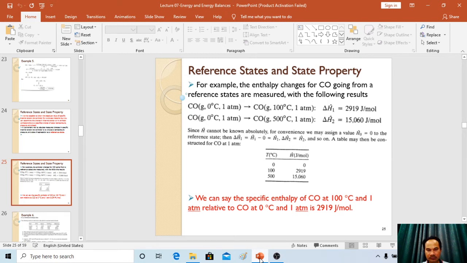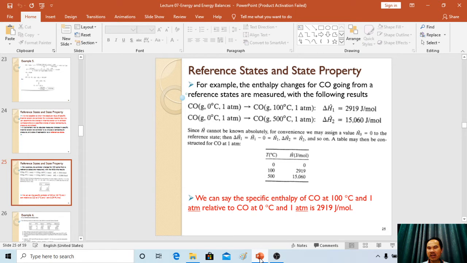And also, carbon monoxide gas at 0 degrees Celsius, 1 atm to carbon monoxide gas at 500 Celsius, 1 atm, delta H2 equal to 15,060 Joule per mole.